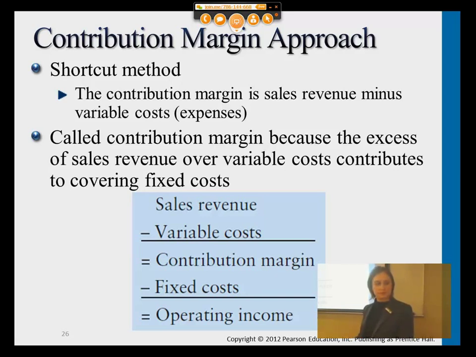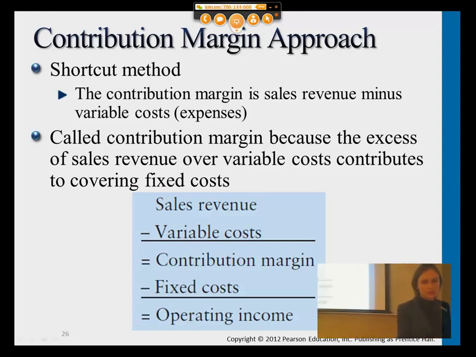It's called contribution margin only because there is the excess of sales revenue over variable cost, and that contributes to covering fixed costs. So let's see how we calculate it so that we understand what it means to contribute to covering the fixed costs.